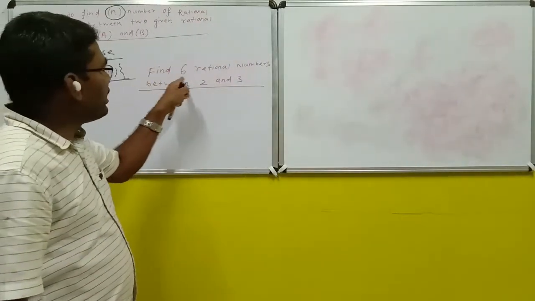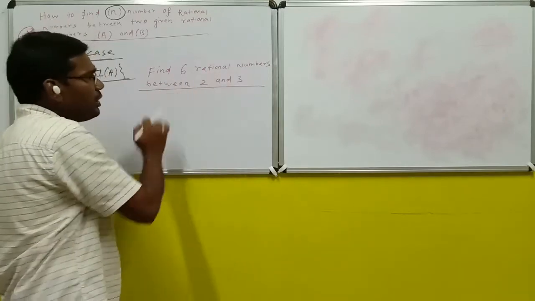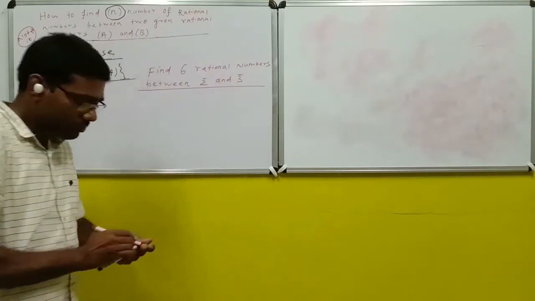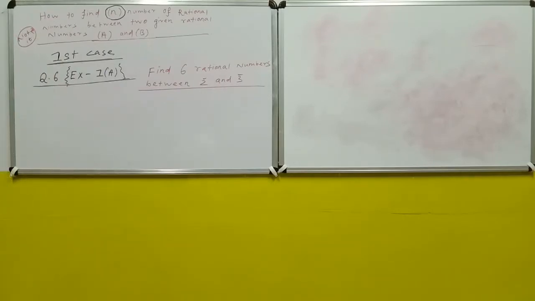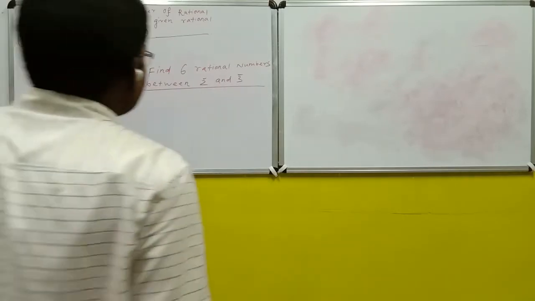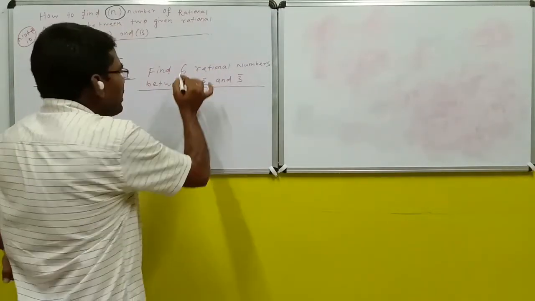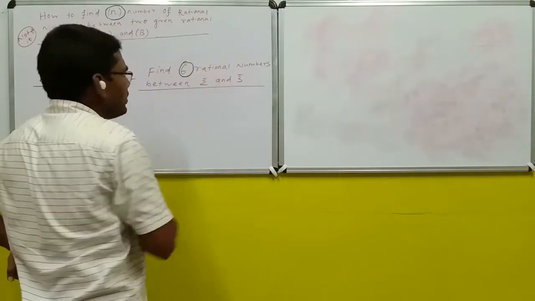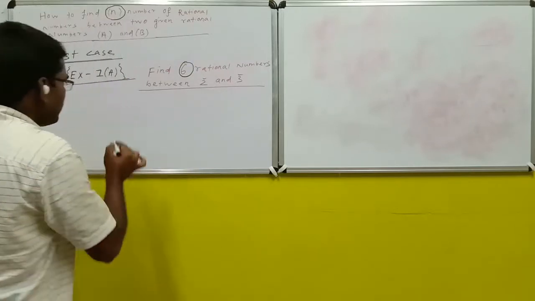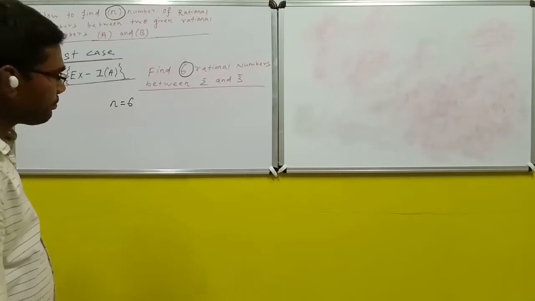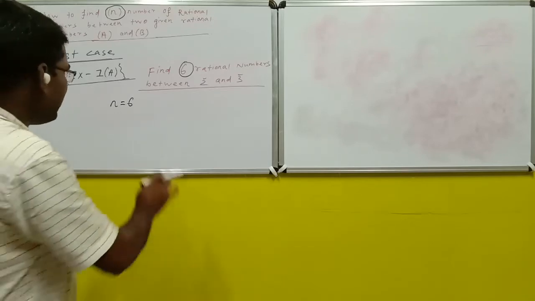So, how can you find out 6 rational numbers between 2 and 3? Students, in this question, as you want to find out 6 rational numbers, therefore the value of n equals 6.